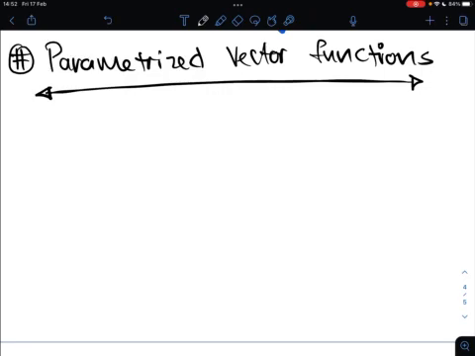A parameterized vector function is nothing different from the vector functions that we have already introduced. But these are vector functions that have been made to depend only on a single variable, which we call the parameter, because from what we've seen, most vector functions depend on a minimum of two variables or more, depending on the space you are working in.